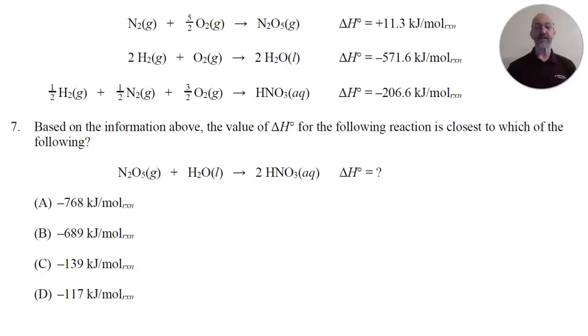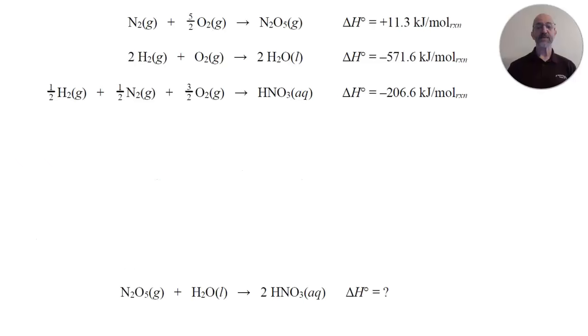Now, question 7 says the following. Based on the information above, the value of delta H for the following reaction is closest to which of the following? So this is a Hess's law problem. And what we need to do is make any necessary modifications to these 3 equations shown above so that when the modified versions of the equations are added together, they will produce the balanced chemical equation shown below.